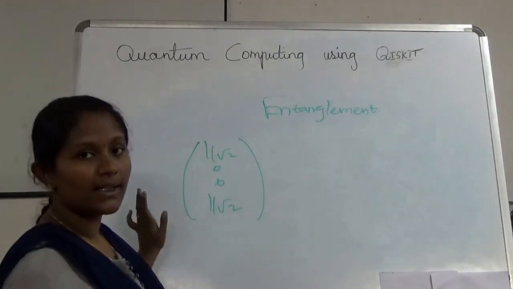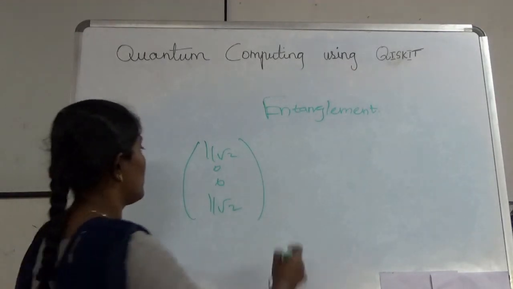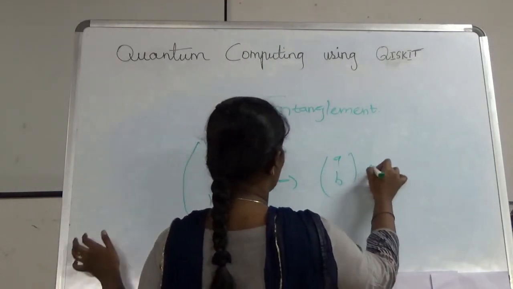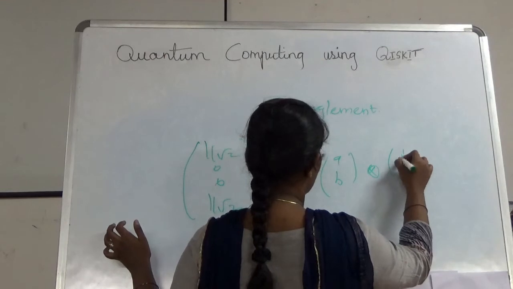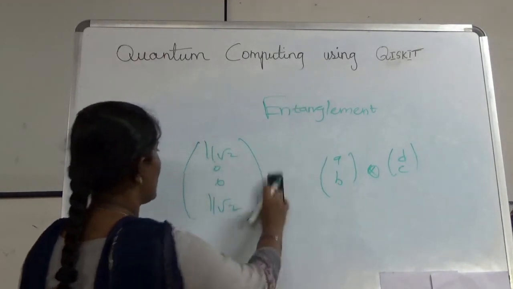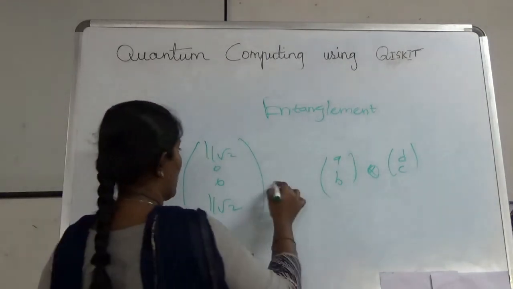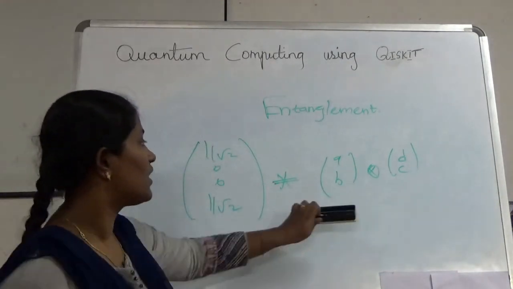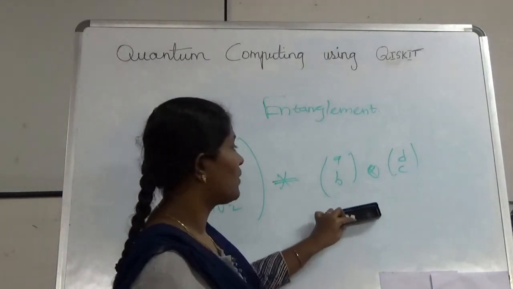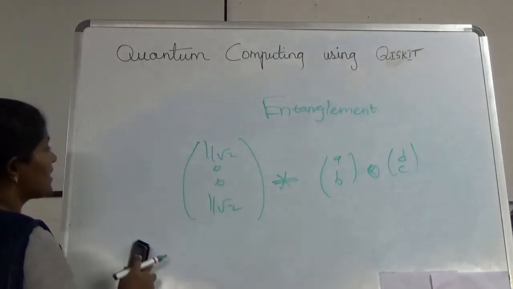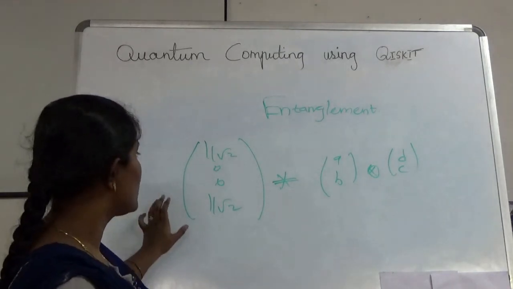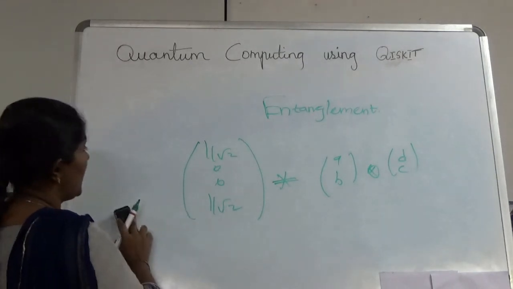Here this matrix can't be split in terms of a tensor product, that is, A tensor product B. This matrix representation doesn't have an equivalent tensor product matrix representation. Therefore, the qubit corresponding to this matrix is said to be entangled.